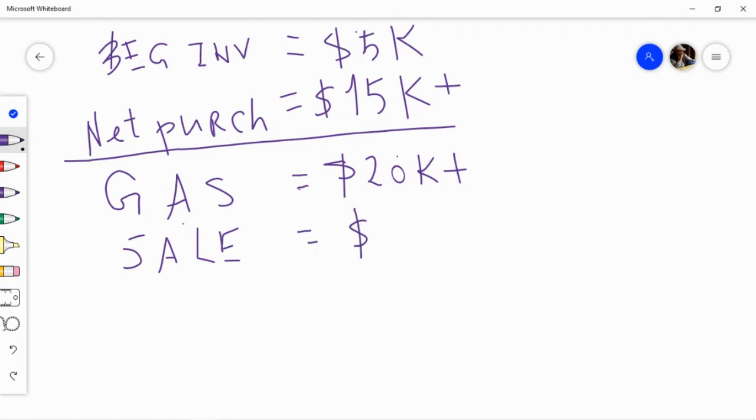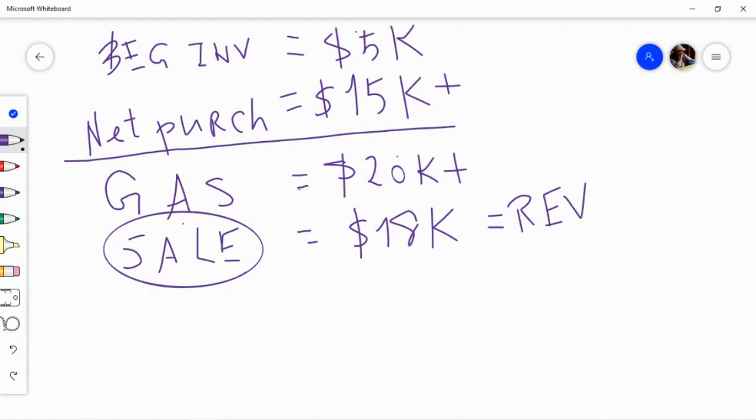And when you sell this, this is exactly revenue, right? Let's say you sold 18K. Okay, you sold 18K. This is exactly revenue because why? You are a retail business, right?